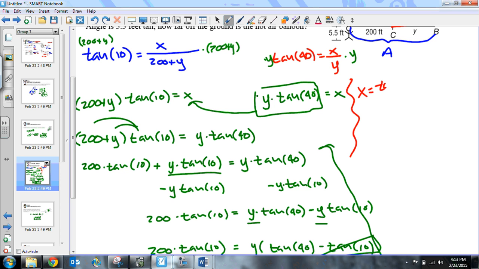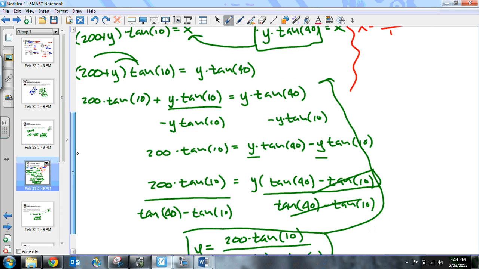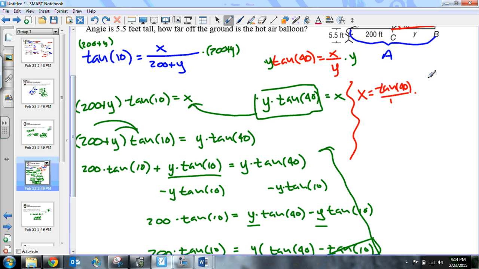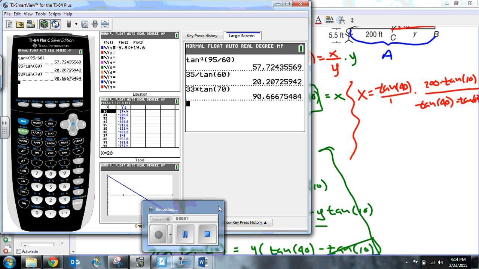I'm going to multiply tangent of 40 by 200 times tangent of 10, divided by tangent of 40 minus tangent of 10.